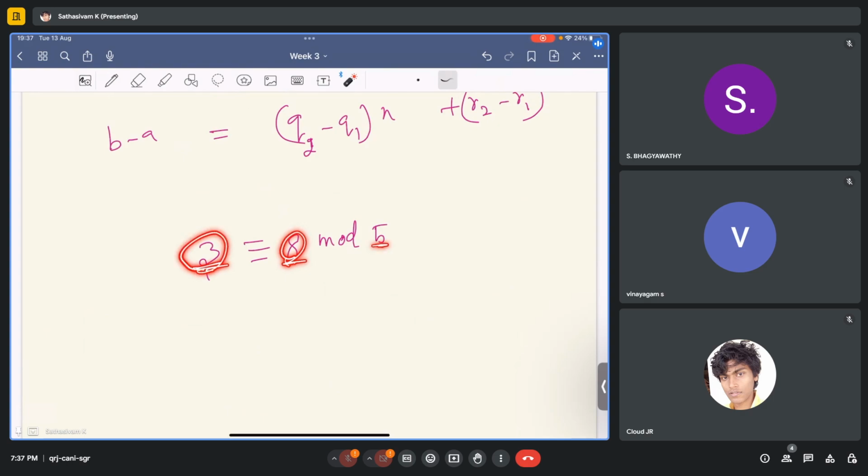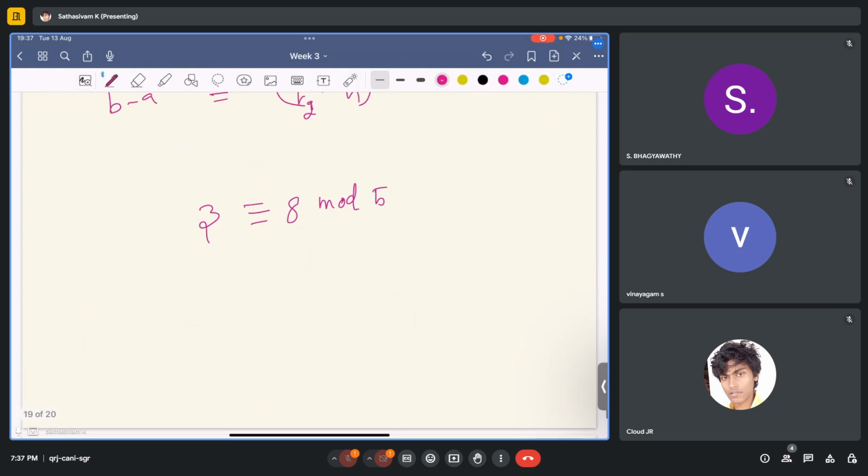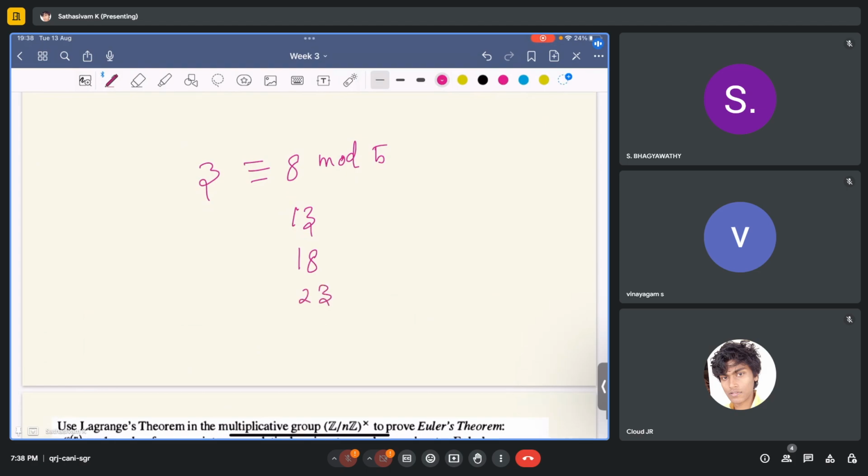If you divide 3 by 5, the remainder is 3. When you divide 8, the remainder is 3. What is the other one? You can take 13, 18, and then 23. These all give the same remainder, so they are congruent.